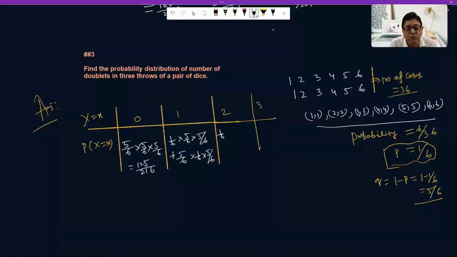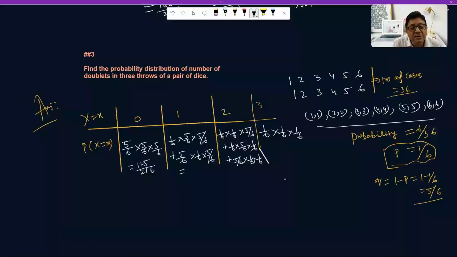Maybe first two, 1 by 6, 1 by 6, third one not. Maybe first and third, not the second one. Maybe second and third, not the first one. It can happen this way. And then you may get all three doublets. What will be the probability? 1 by 6, 1 by 6, 1 by 6.